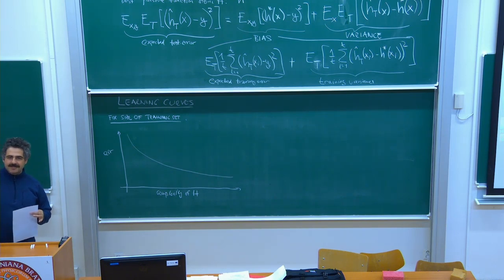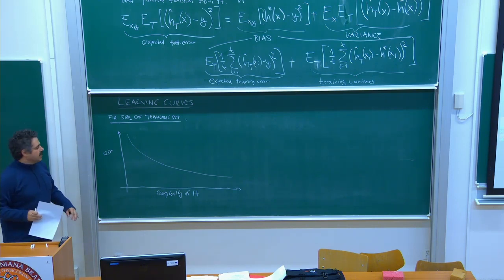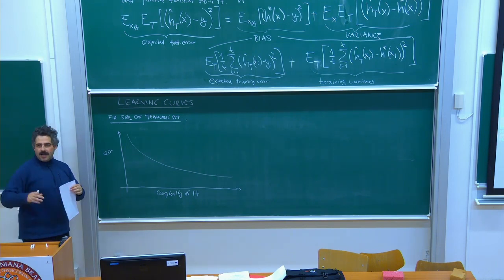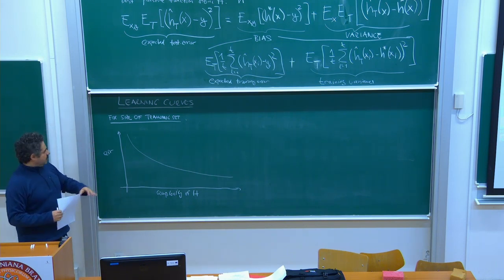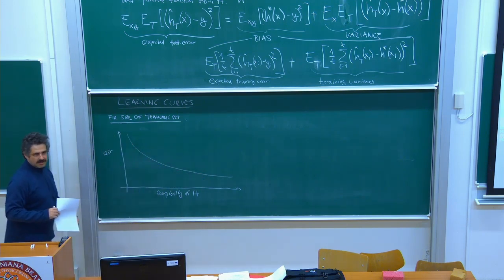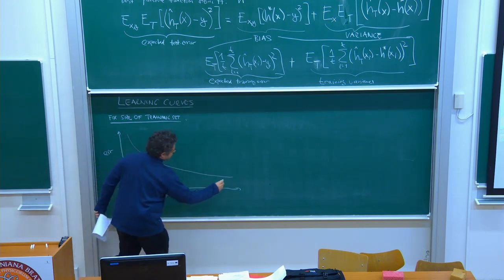It might not account for all the information that is in the probability distribution. And as you increase the size of the hypothesis set, you can only get better, right? You can only get closer to that one. So this is bias.